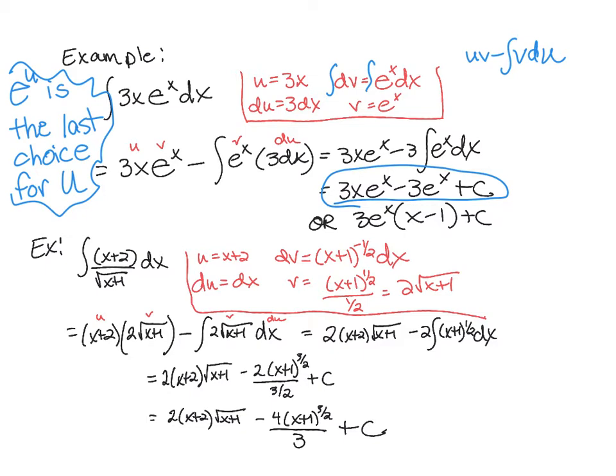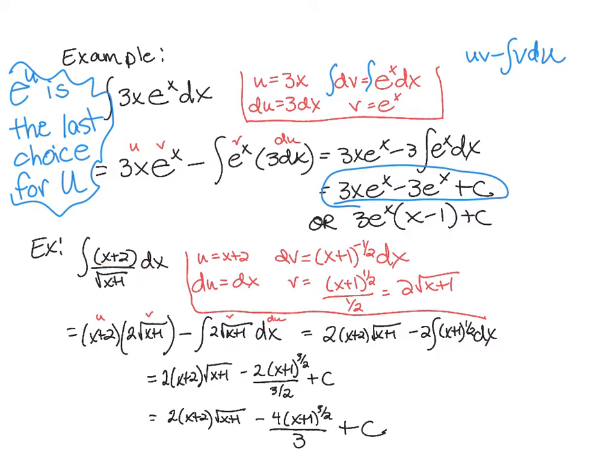Okay, example number 2. When we look at this integrand, both of these pieces, the top and the bottom, are algebraic. Normally, with substitution, we would set the underneath of the radical equal to u, but the derivative of this is just dx, and you see that we've got too much stuff.